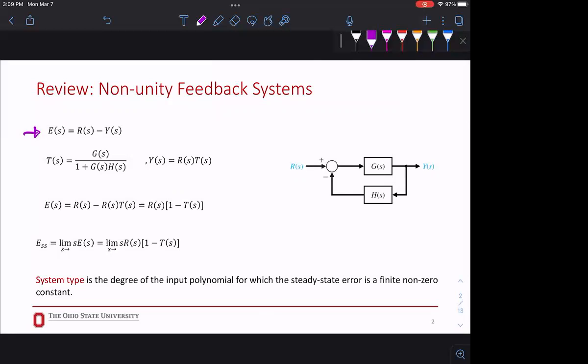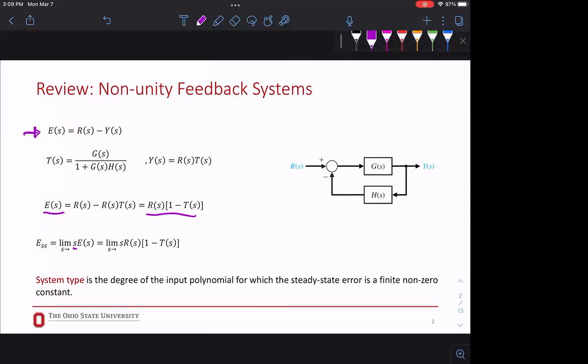So you find the transfer function, and then you can always use this equation for non-unity feedback. After that, since you have your E, the rest is the same. The steady state error is the limit of s times E(s), and since E is R(s) times 1 minus T(s), you have your input.